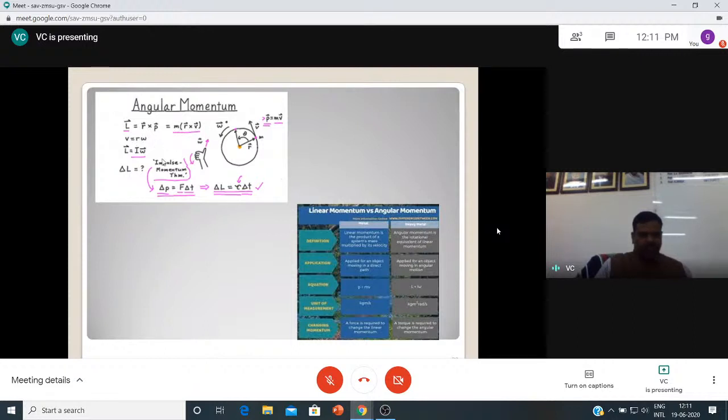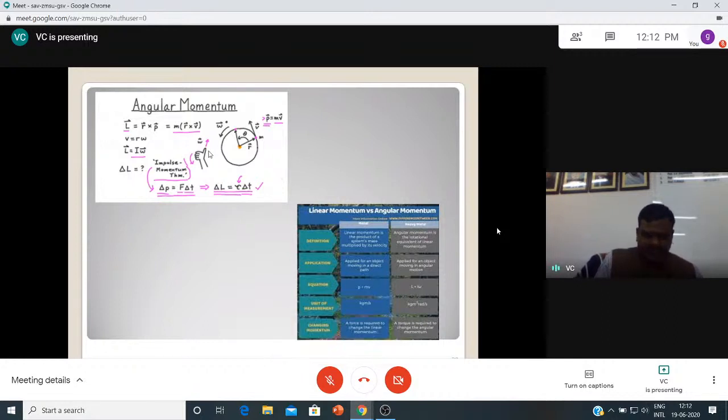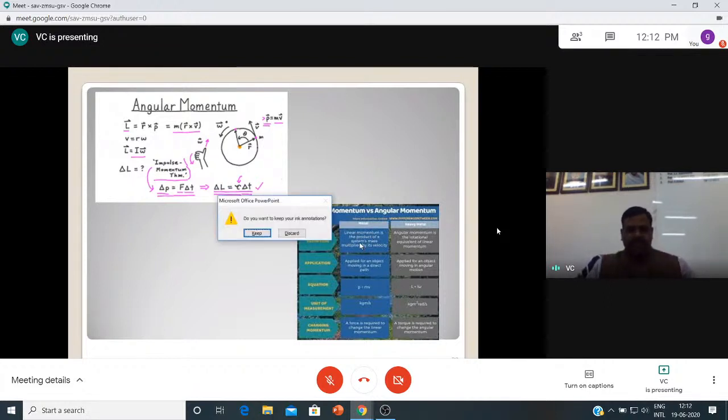Taking m and R outside, we get m R cross omega, and with the other R this is m R square, the moment of inertia, times omega. That is I omega. As per the right hand thumb rule, we can represent the direction of the force and the angular velocity. This equation is what we call impulse and momentum. Linear momentum is mv, angular momentum is I omega, and the units and definitions are explained here.